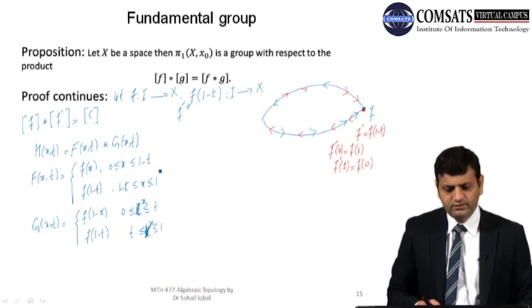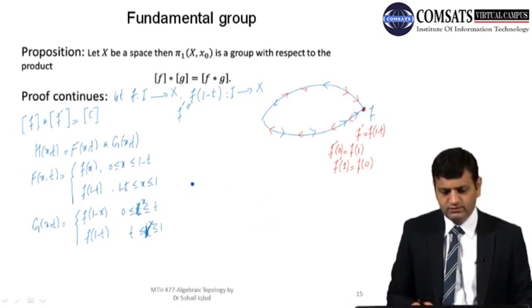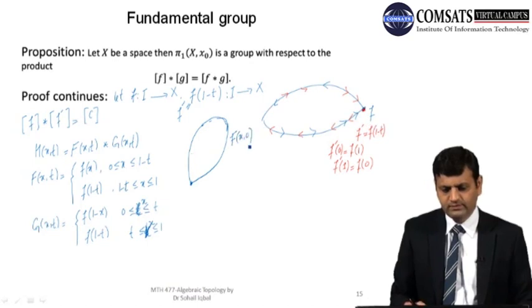Now what are these functions? If we concentrate on this capital F, when t is equal to 0, I am getting this function f of x. So this whole function f represents F of x, 0.